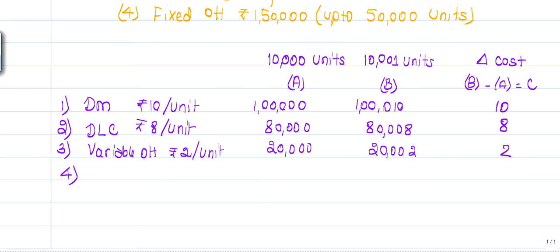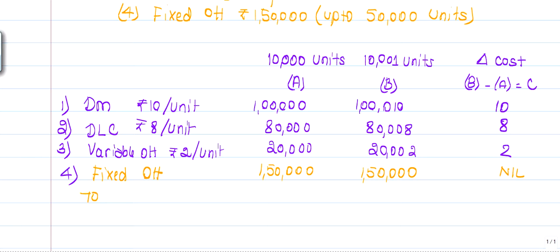This is very important. Fixed overhead. What is the fixed overhead? 1,50,000. Here also 1,50,000, the same. It won't change even if there is a change in the quantity of production. So there is no change, 0.